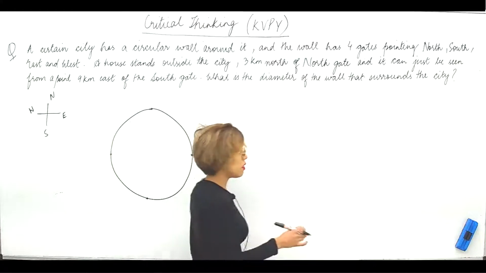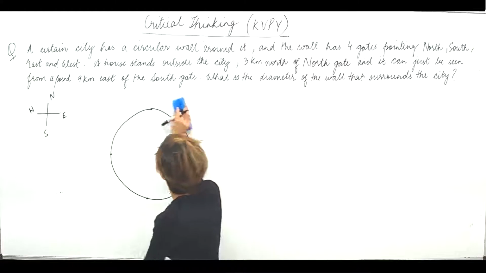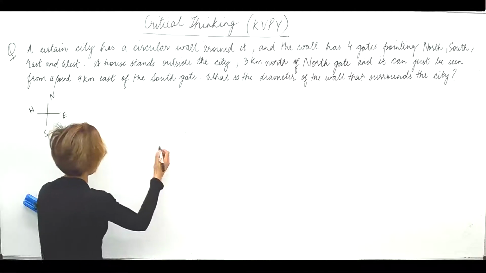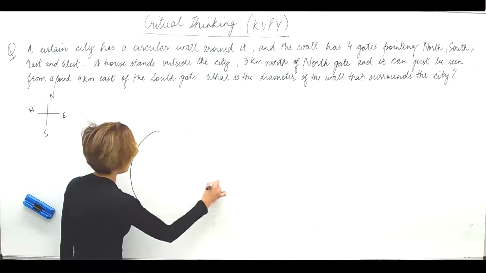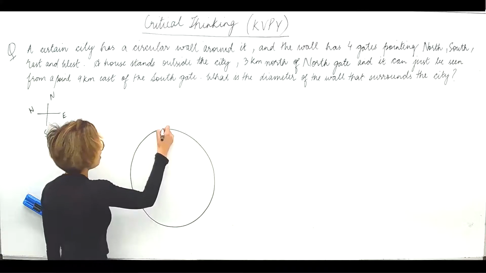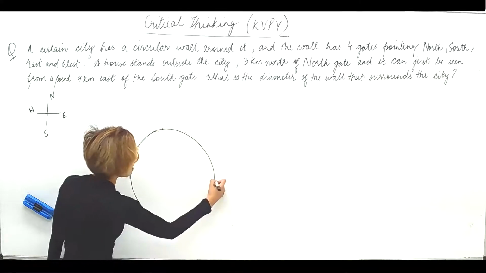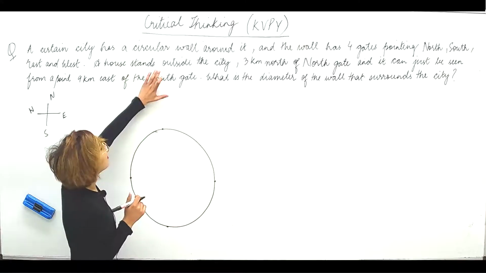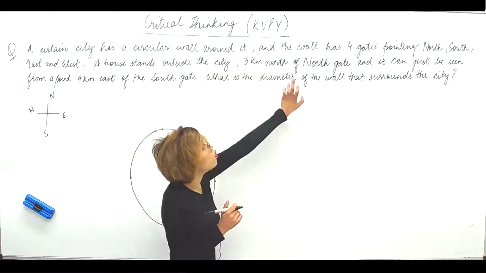A house stands outside the city 3 kilometers north of the North Gate. What I should have done is make my circle a bit lower because I need my city also. So this is my circular wall, with north, south, east, west. So a house stands outside the city 3 kilometers north of the North Gate.